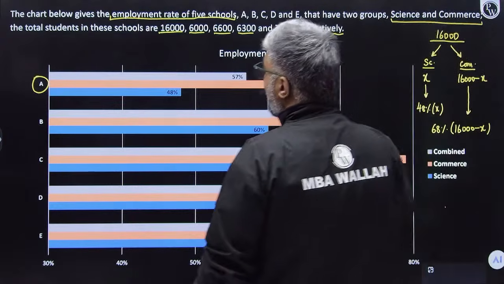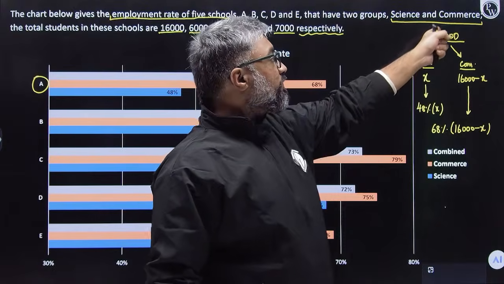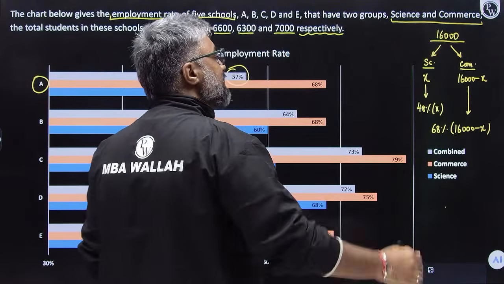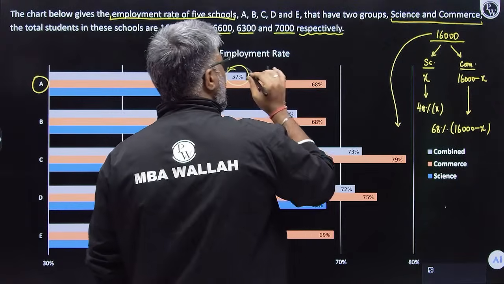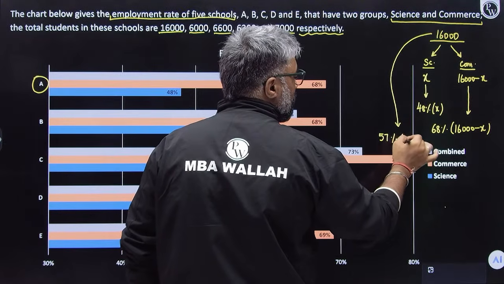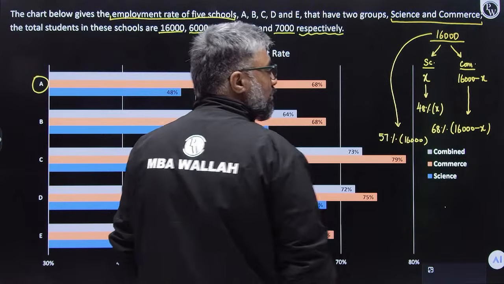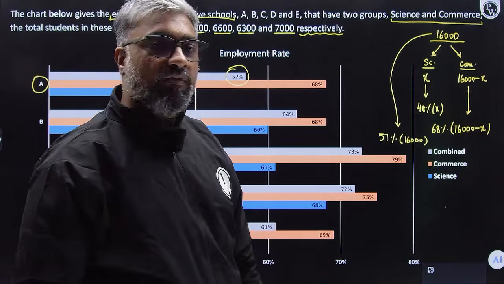And combined means, of the total 16,000, 57% are employable. This way I can make equations and I can find the value of X.